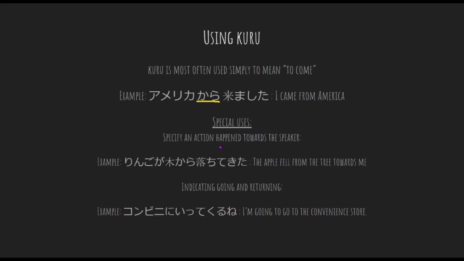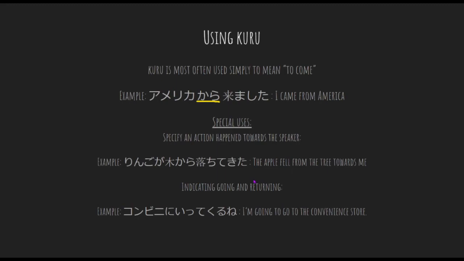So let's look at the special uses of kuru. First, kuru can specify an action that happens towards the speaker. To explain this, Japanese often omits subjects in a sentence such as I, you, he, or she. In order to make up for this, kuru can be used. For example, we have ringo ga ki kara ochite kita. So the apple fell from the tree towards me.